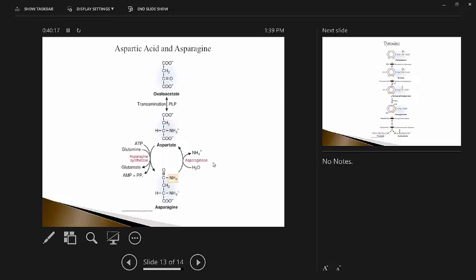This enzyme has an interesting usage. It's actually used as a drug for treating cancers. Some cancers are dependent on asparagine, which is an essential amino acid for them. I'm sorry, on this side, the asparaginase is the interesting one. So you give them asparaginase, and it breaks the asparagine that they normally have as an essential amino acid.